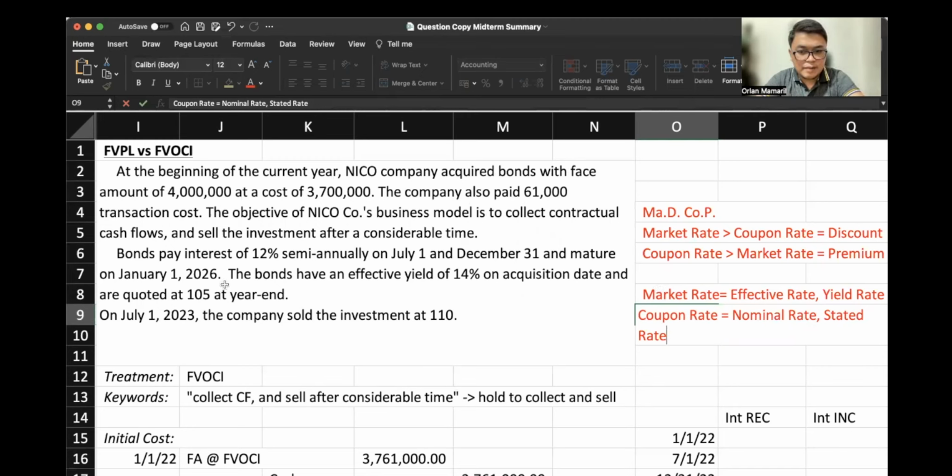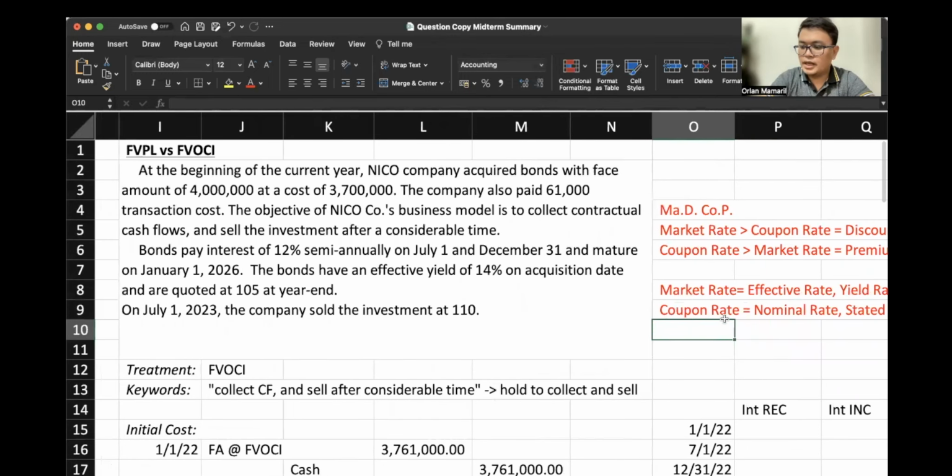So for example, the coupon rate here is bonds pay interest of 12% semi-annually. So the 12% there is the coupon rate because that's the actual interest that you are paying. That's the cash flow interest. So you can also say actual interest payment percentage. There you go.